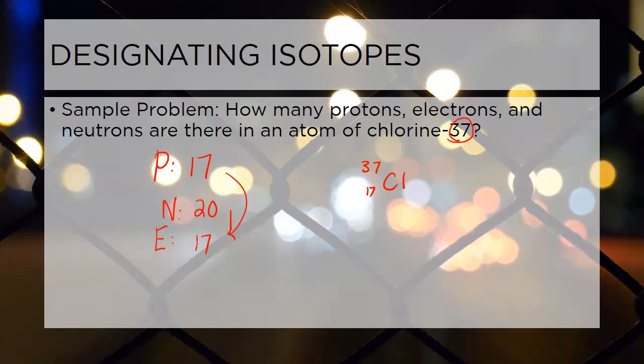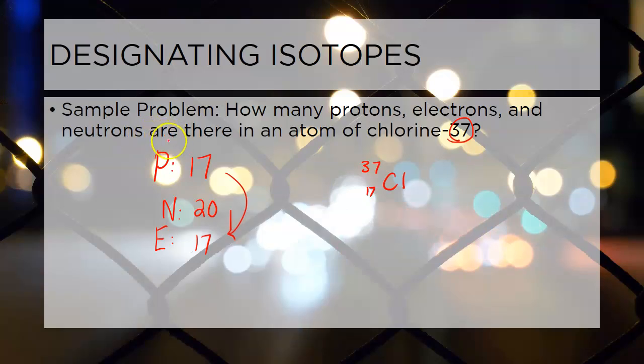For neutrons, you're basically just subtracting the 17, or the protons, from whatever the dash number is. That dash number is the mass number, so you're taking away the protons from the mass number, which is the dash 37. Good stuff.